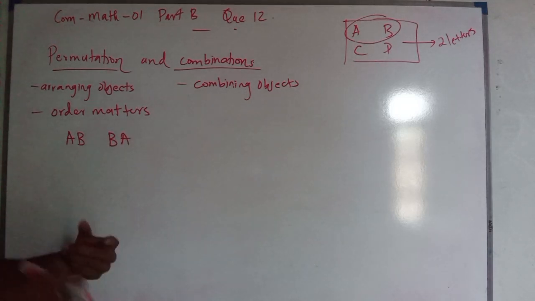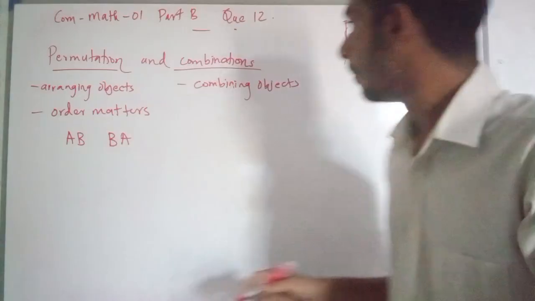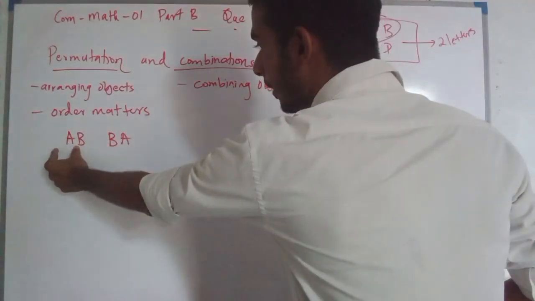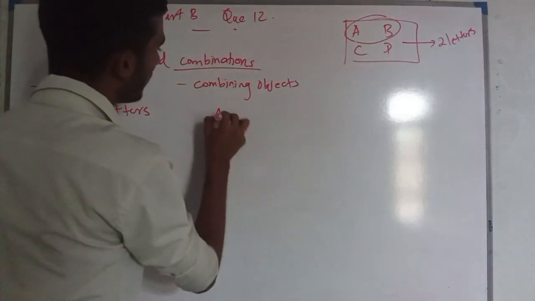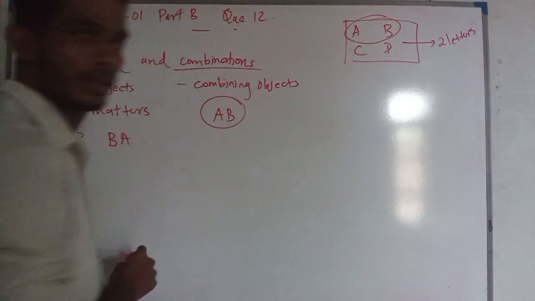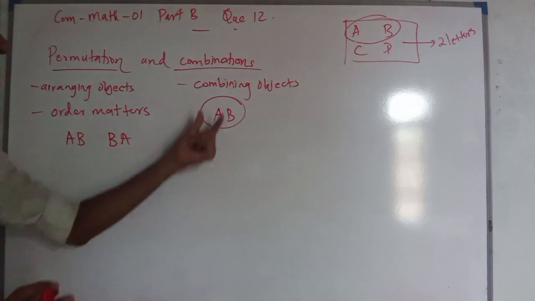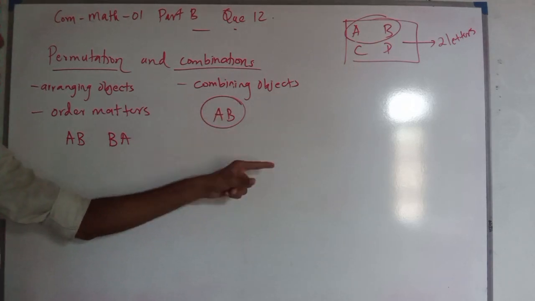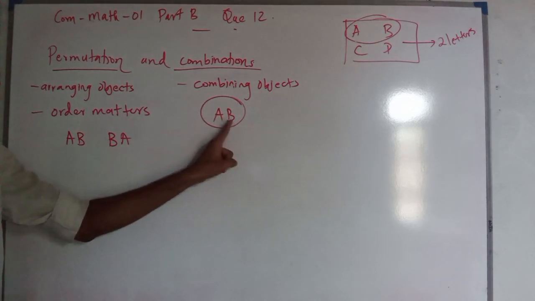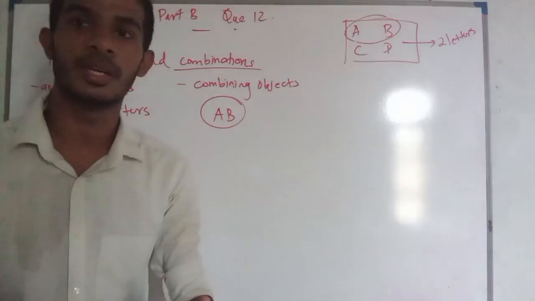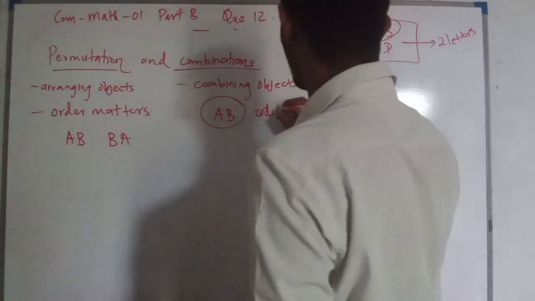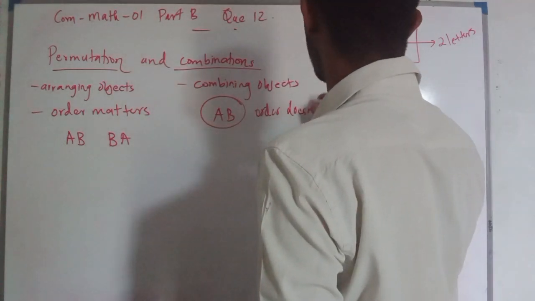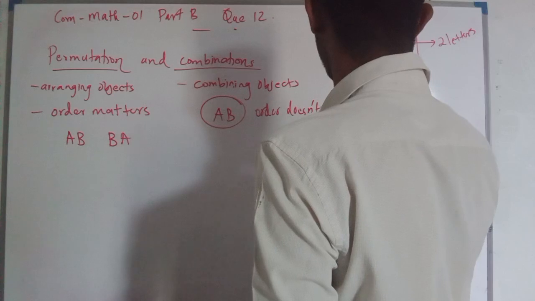But in a combination, AB and BA are considered the same. A and B together are considered one combination. Here order doesn't matter.